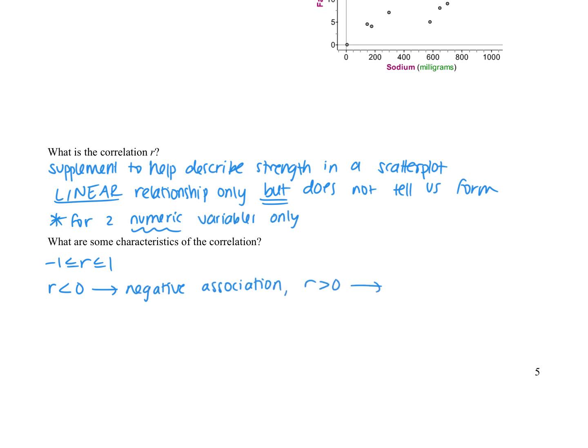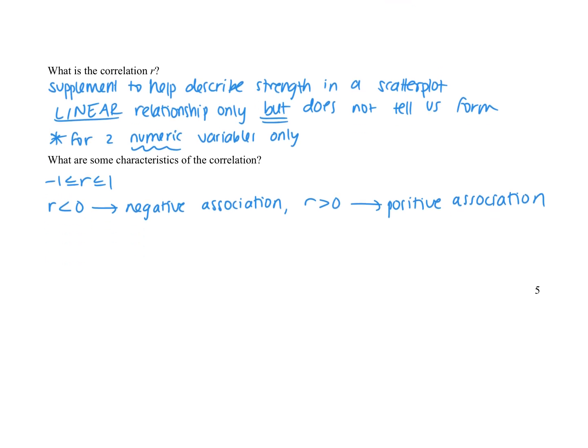If R is greater than 0, it's a positive association. I guess above, I really should have put that R gives us the direction and the strength, but it doesn't tell us form.